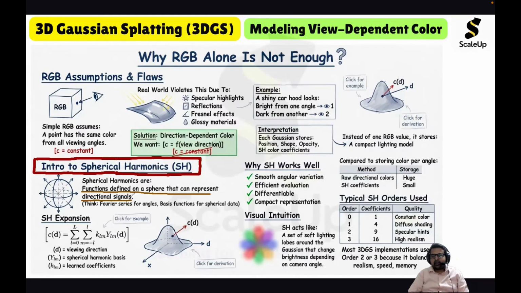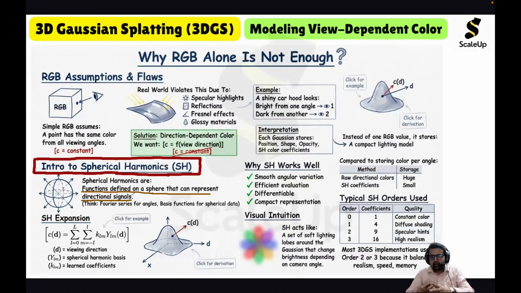Spherical harmonics is a mathematical technique, a mathematical function which is defined on a sphere. And why a sphere? Because a sphere takes care of all the directions, all the angles, covering all possible angles. Since it is defined on a sphere, it can take care of all the directions and hence represents directional signals.